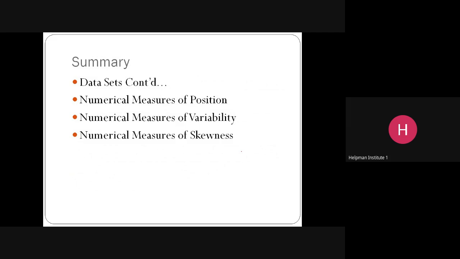We see that the range, which is the value of the highest minus the lowest, the interquartile range, the variance, whether sample variance or population variance, the standard deviation, and the coefficient of variation are the particular measures of variability that we can use to get how dispersed the data is.